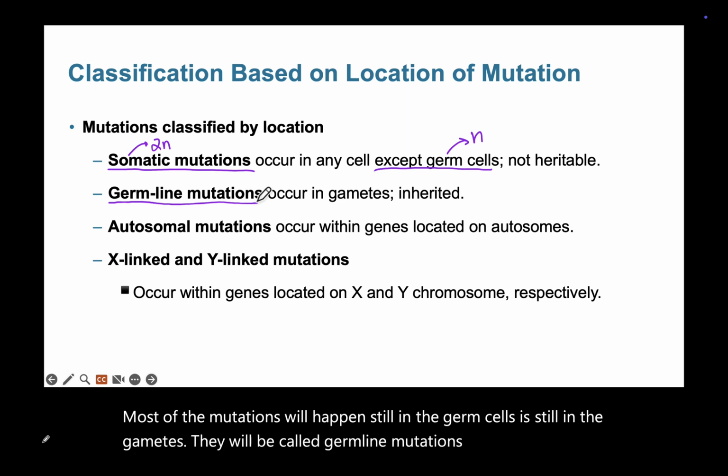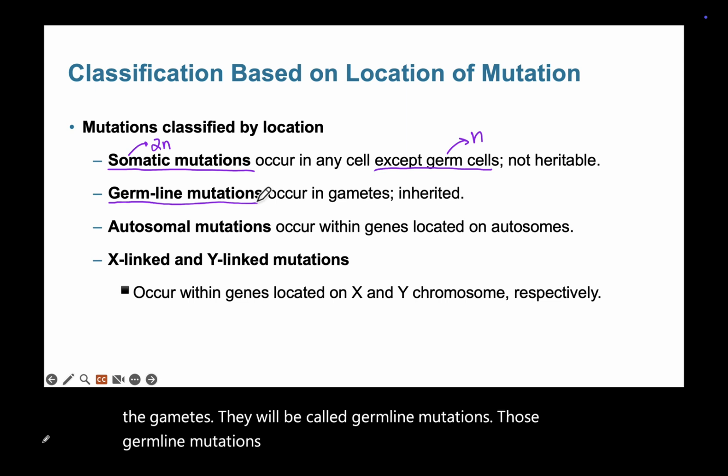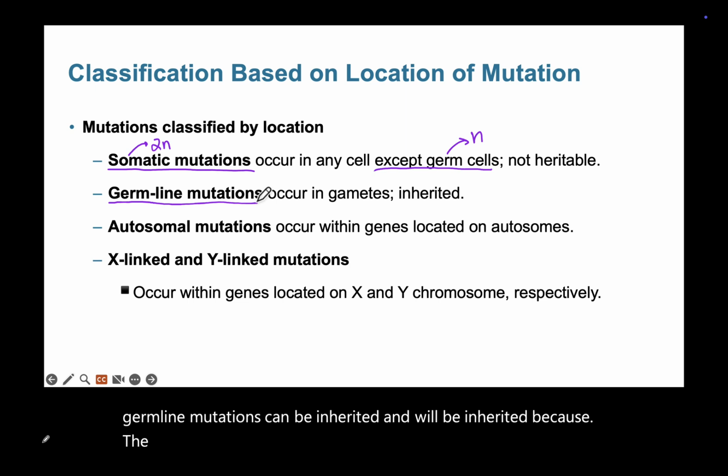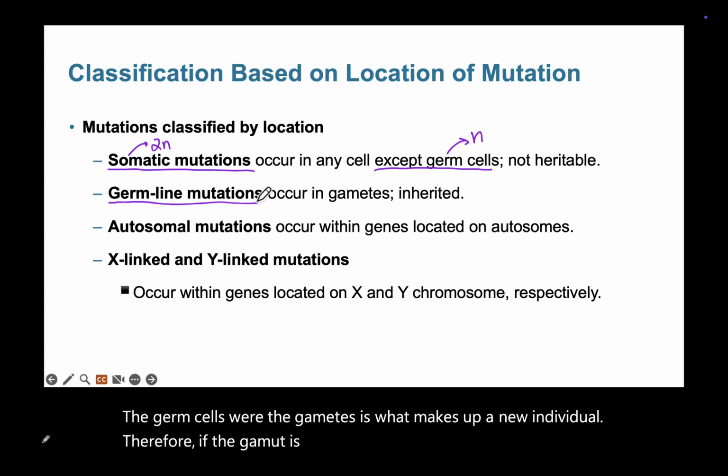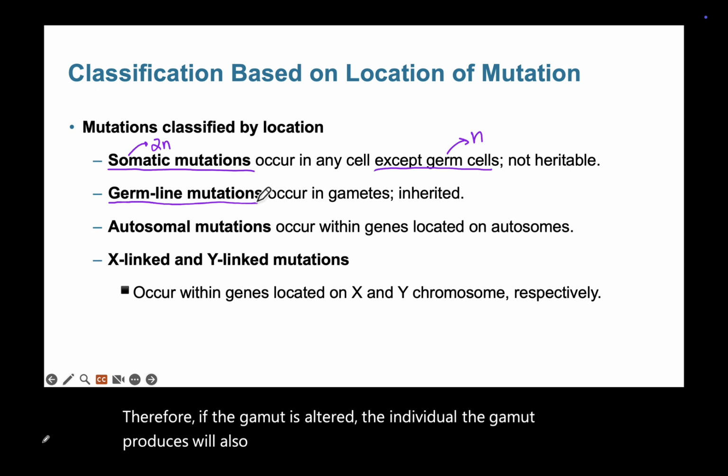Those germline mutations can be inherited and will be inherited because the germ cells or the gametes are what make up a new individual. Therefore, if the gamete is altered, the individual the gamete produces will also be altered.